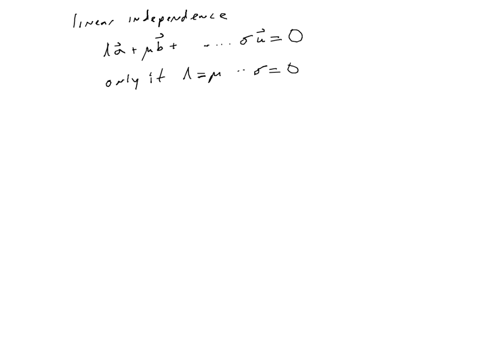Imagine you have two vectors, one called y and another called x, and they're perpendicular to each other. If you multiply x by a scalar and y by a scalar, there's no way those two are going to cancel out and give you 0 unless you multiply both of them by 0, right?